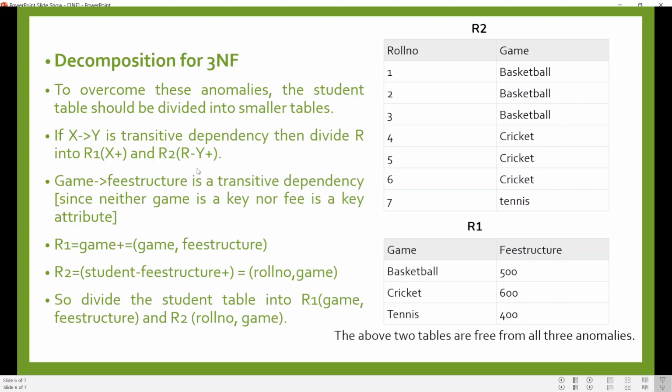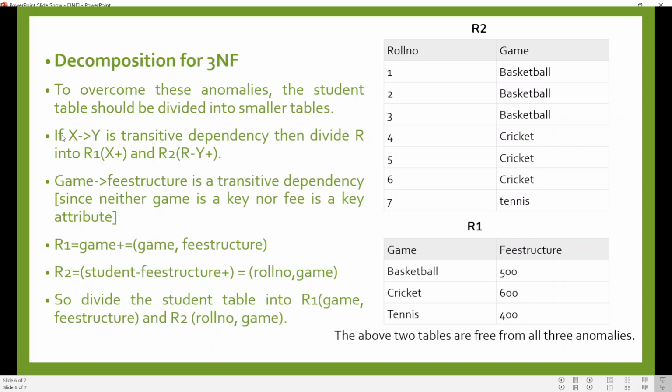How will you decompose it? R1 we can make as x closure. What is x closure? Whatever attribute is on the left hand side, that is x, find the closure of that one, and make the relation.